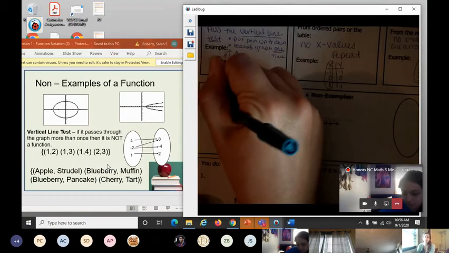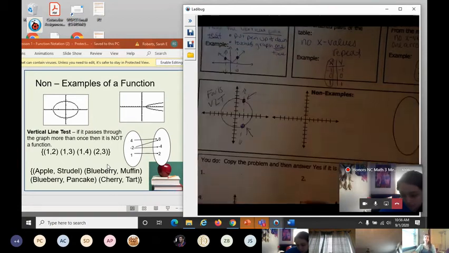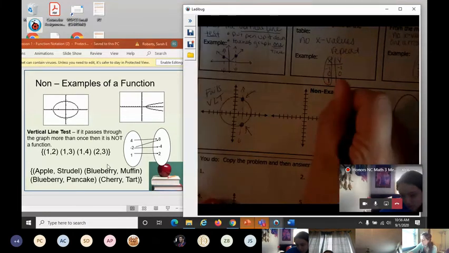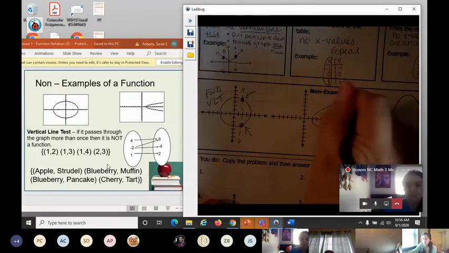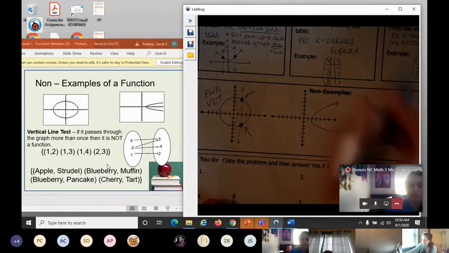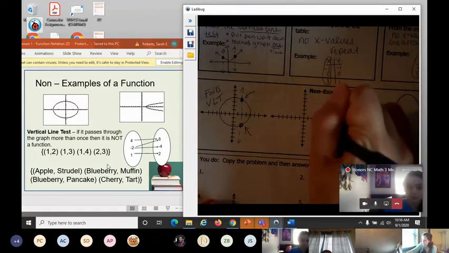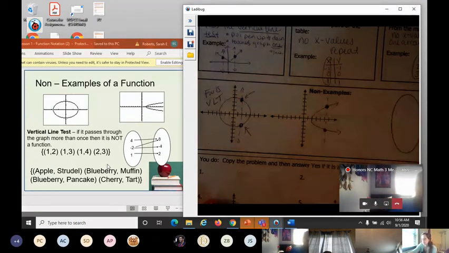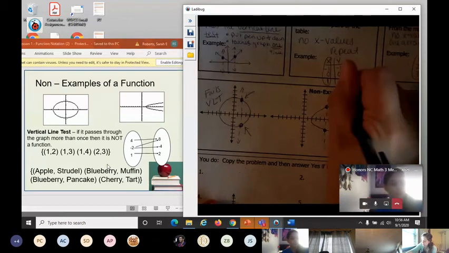Okay, and it is not a function. You also could have, maybe you flipped your parabola sideways. The vertical line test gives us 2 points, so it also fails the vertical line test.